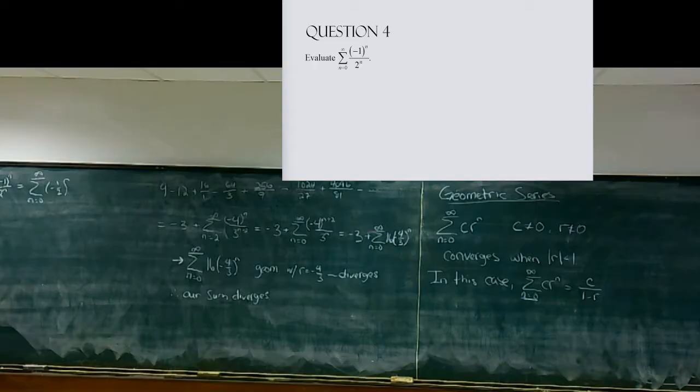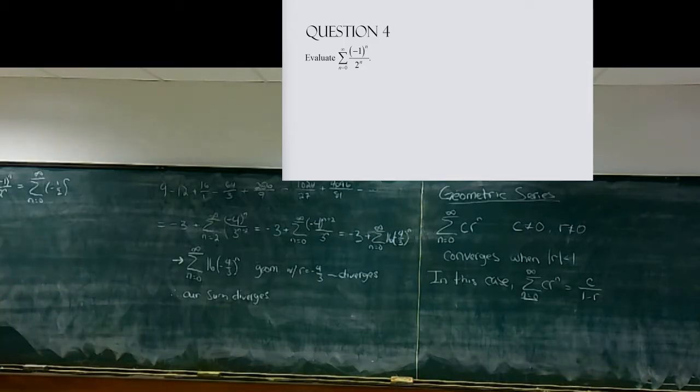Oh, it's not geometric. What's R? 1. Or you could say -1. Yeah, it's -1/2, right? Absolute value of negative 1/2 is 1/2. Is that less than 1? Yep. This converges, so it does have a sum. What does it converge to?